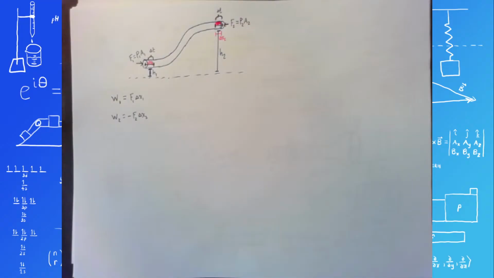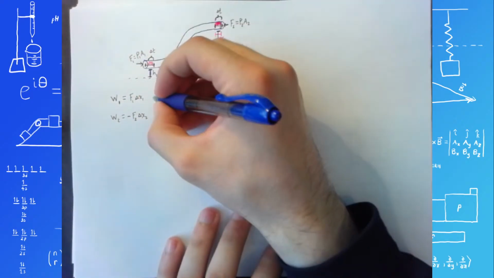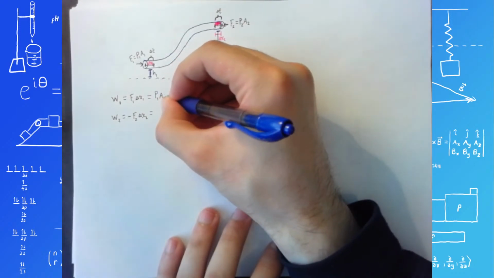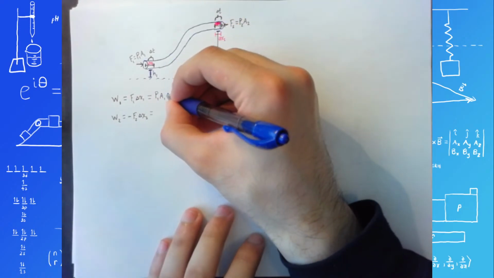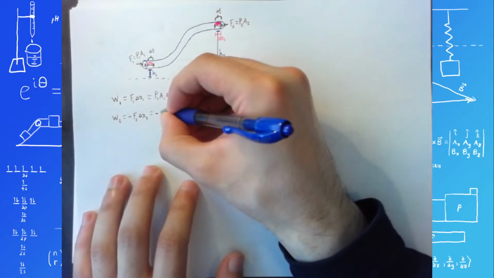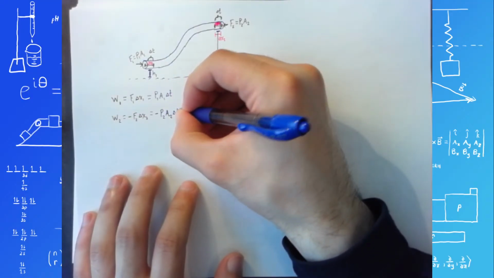Okay, so if we travel delta x1 in time delta t, what does this do for us? Well, I can rewrite F1 as P1 A1, and over here I can rewrite force 2 as P2 A2.